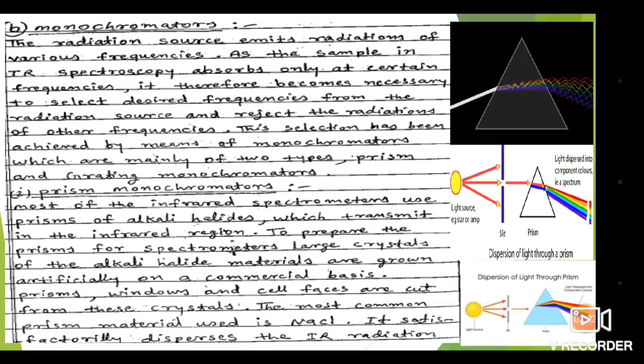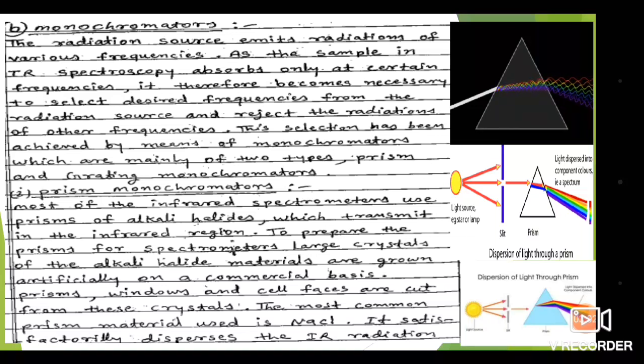After passing the light through this equipment, we get a single colored, single wavelength light. That is, dispersion of light takes place when we pass the light through this monochromator. Mono means single, chroma means color, and that which gives single wavelength light is known as a monochromator.